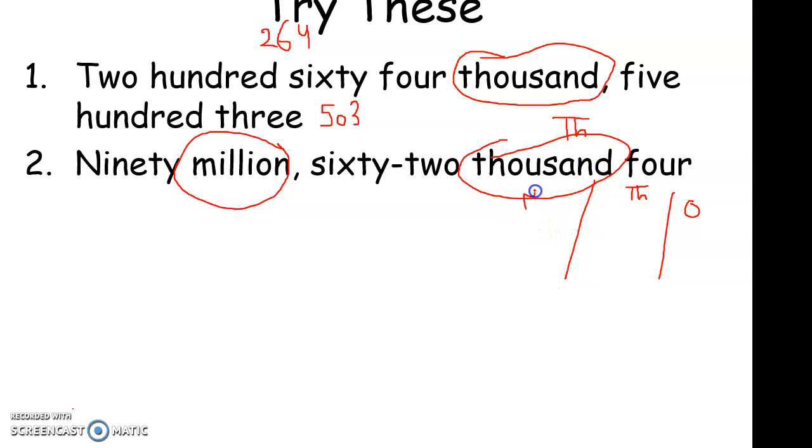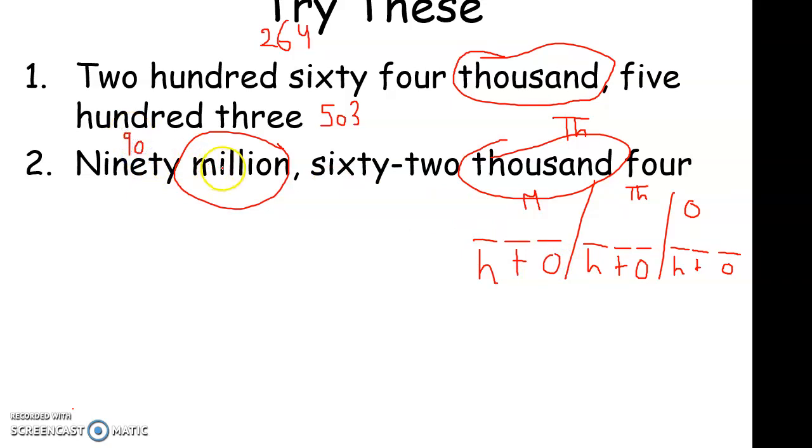And million. Each family is divided into three parts. HTO, HTO, HTO.